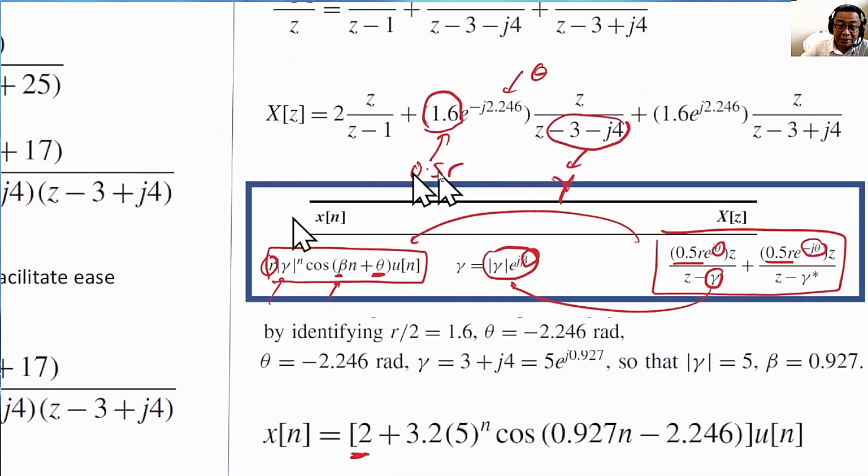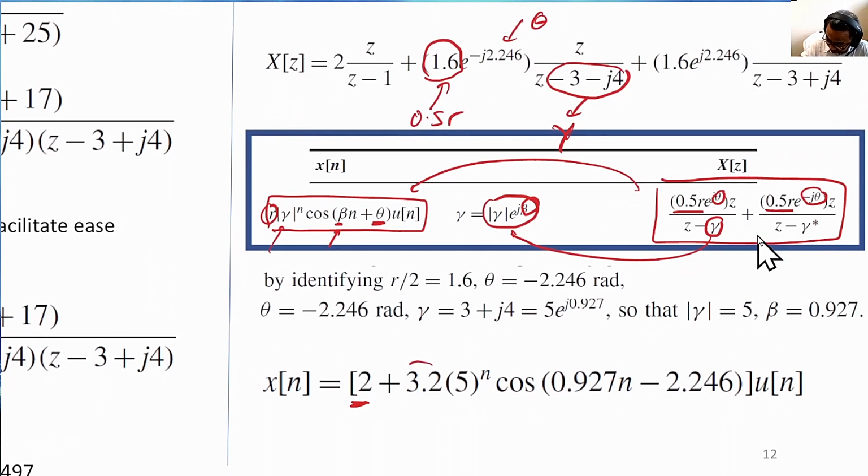Now, once you have identified these 4 variables from this expression, you can substitute. Let us see the 4 variables. Okay, so this is 2 times 1.6, it's 3.2. This is absolute of gamma.